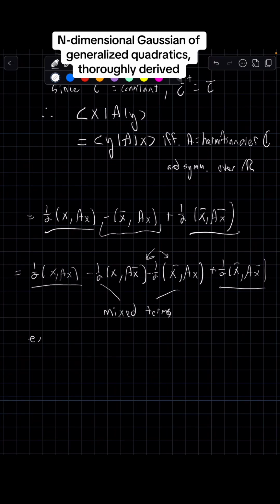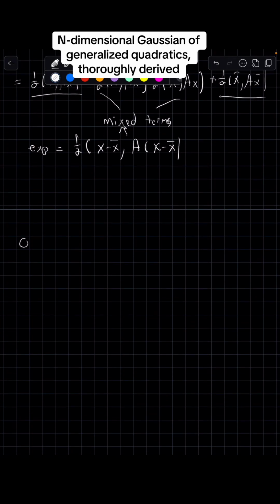And so our expression ends up becoming x minus x bar A times x minus x bar. If you multiply it out, you get this. Okay, and now we have q of x equals q of x bar plus 1/2 of x minus x bar A x minus x bar.